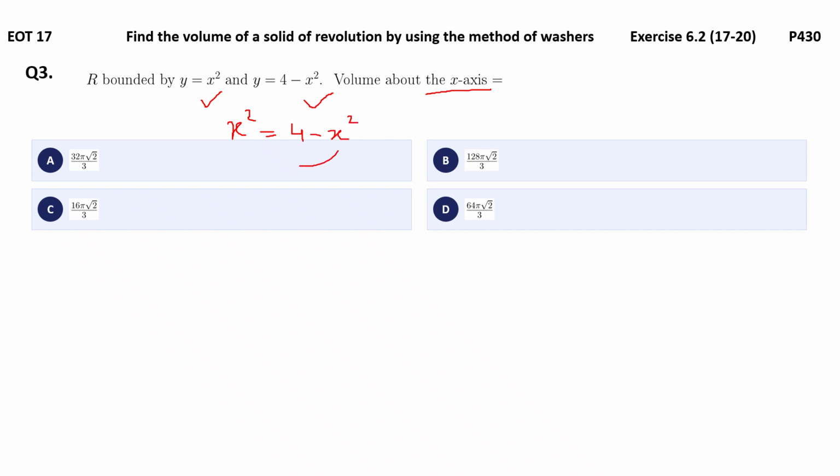Let's bring x square to this side, so it becomes plus x square. As there are 2x square, you will get 2x square is equal to 4. Divided by 2 on both sides will give you x square as 2, which leads you to x value as plus or minus root 2.